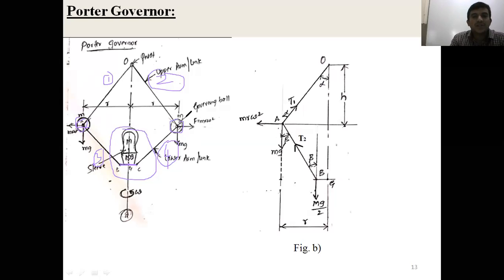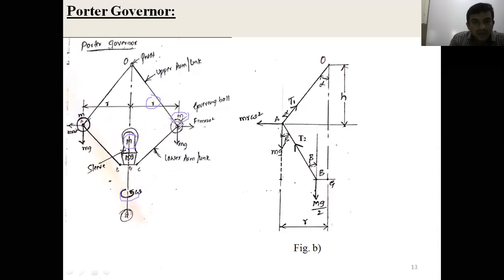Now consider the mass of the governor ball is m, and at equilibrium position the radius of rotation of the governor ball is r. The mass of the sleeve is represented as capital M. Capital M stands for mass of the sleeve, small m stands for mass of the governor ball, and the radius of rotation of the governor ball is r.